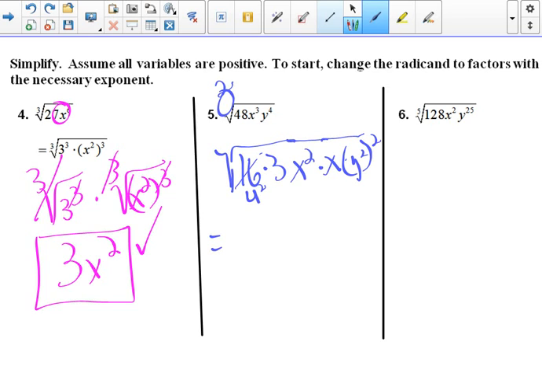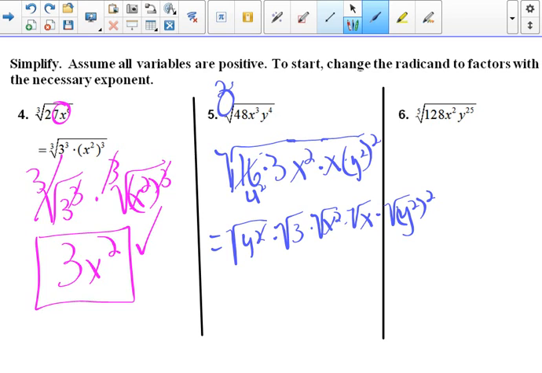So now let's split this all up. Square root of 4 squared times square root of 3 times square root of x squared times square root of x times square root of y squared squared.